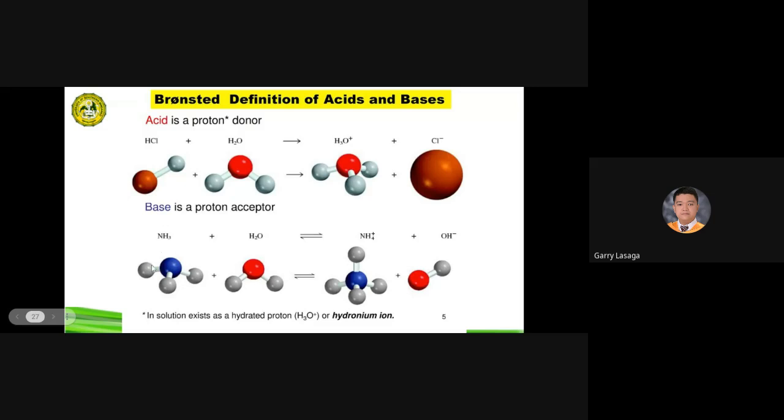So we have here another example of the acid-base reaction. We have here our NH3 or ammonia. When ammonia will be combined with water, it will form ammonium, NH4 plus, and hydroxide ion. So our ammonia here is considered to be, is it a base or an acid? Ammonia, NH3.